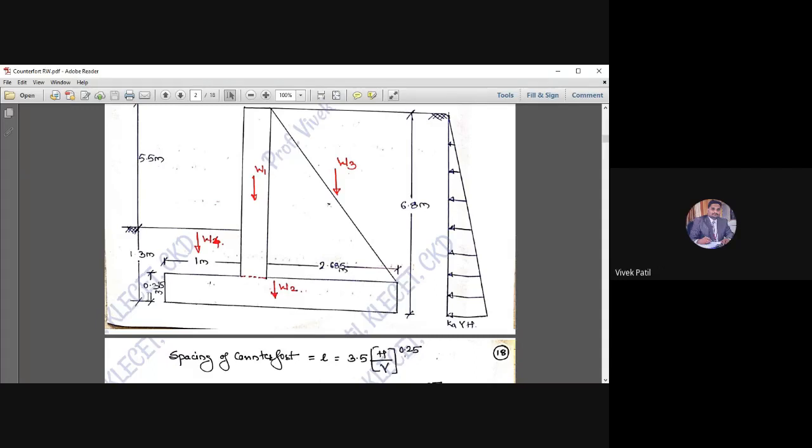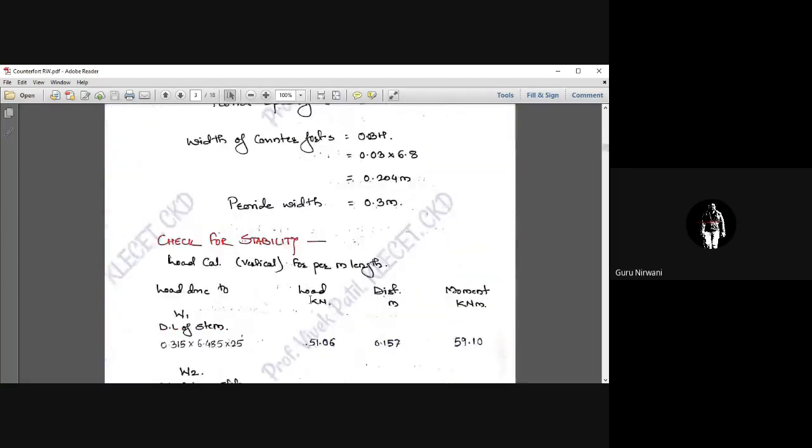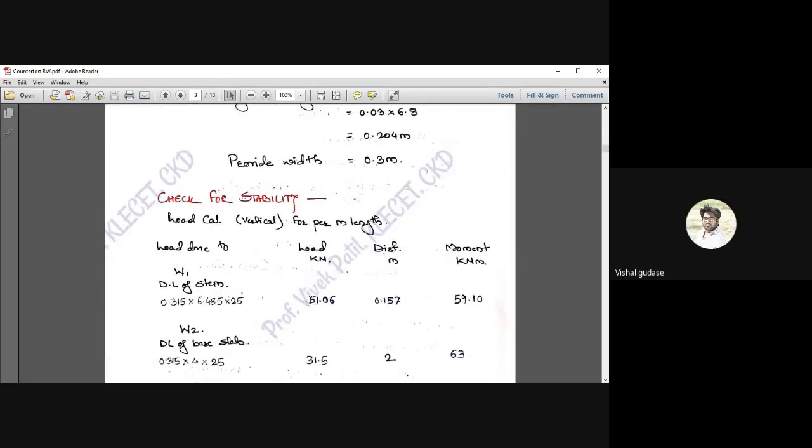So it will be equal to 0.315 into 4 into 1 meter, since we are calculating per meter length, into density of concrete, 25. That gives 31.5.